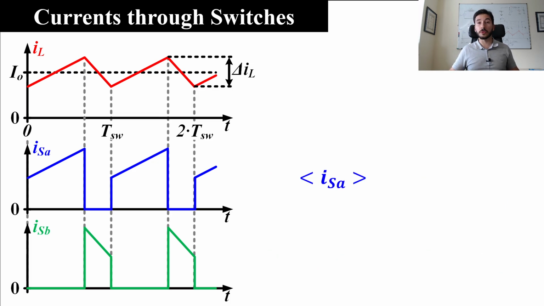Remember that in order to do the average value, in this case of the current through switch A, what we do is 1 over the switching period, integral from 0 to the end of the period of the current waveform.